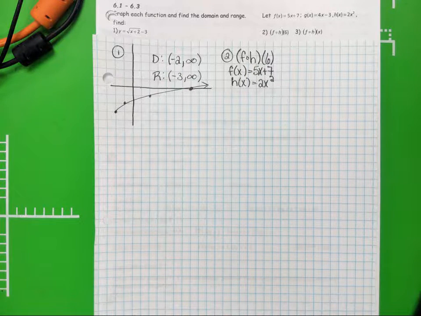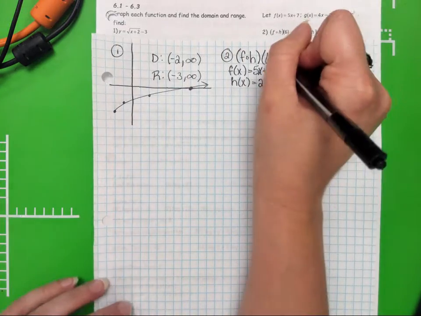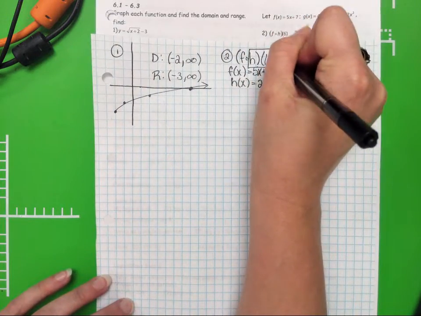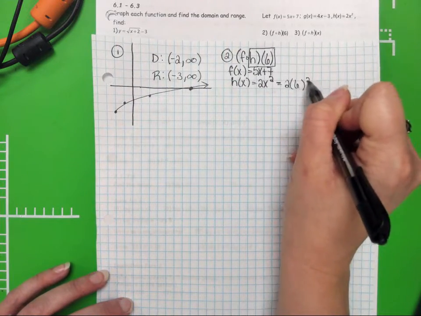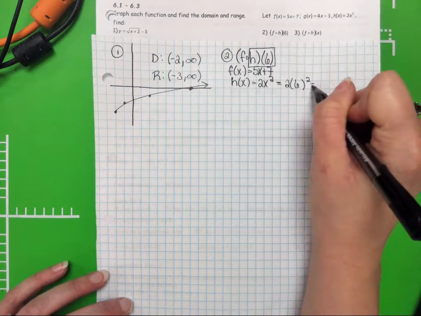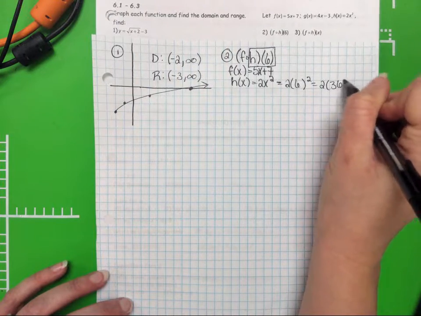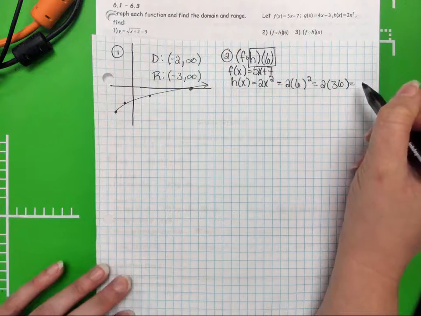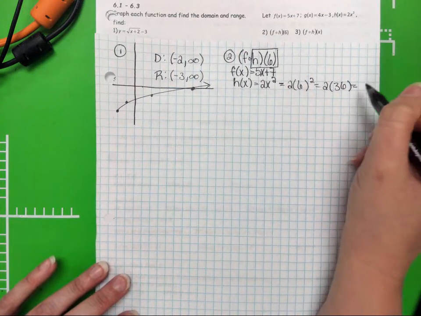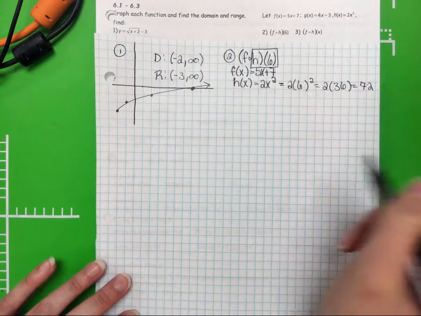H of X. Very good. So we plug it into H of X first. Alright, so that would be 2 and then 6 squared. So that would be 2 times 36. And what's 2 times 36? Come on. 72. Very good.